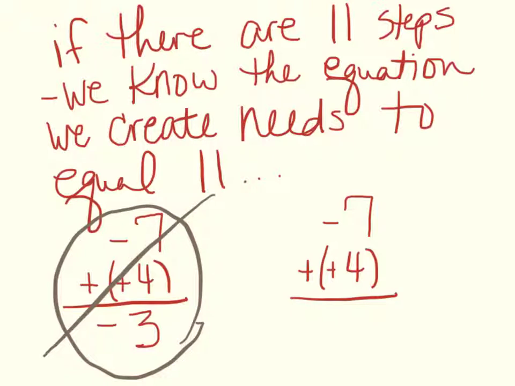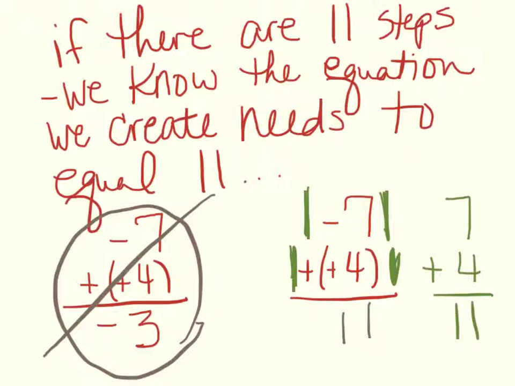They could see that 7 and 4, if you look at just the numbers, equaled 11, which is the end result. So they came up with a symbol called absolute value, and told us not to look at the signs. Just look at the numbers themselves. So this now becomes 7 plus 4, and we know it's 11 steps.